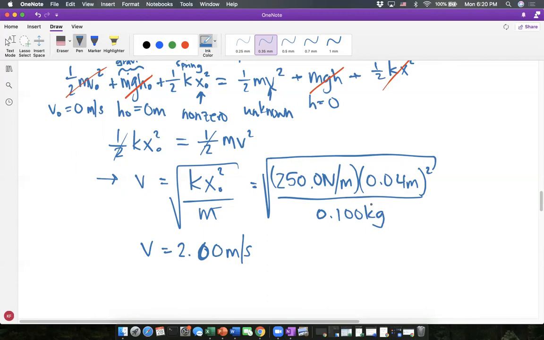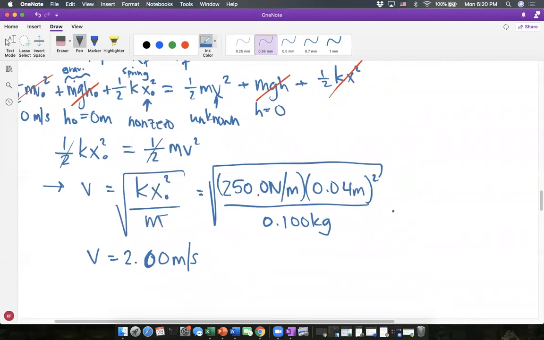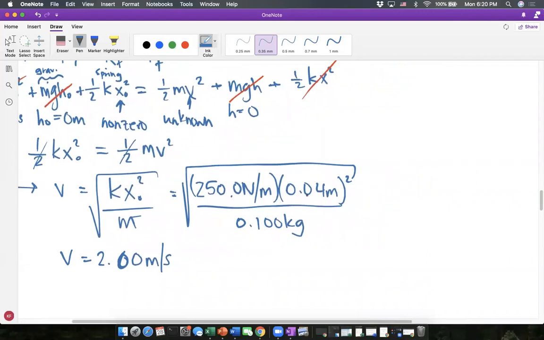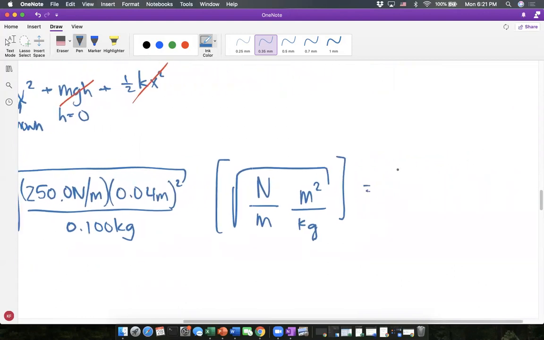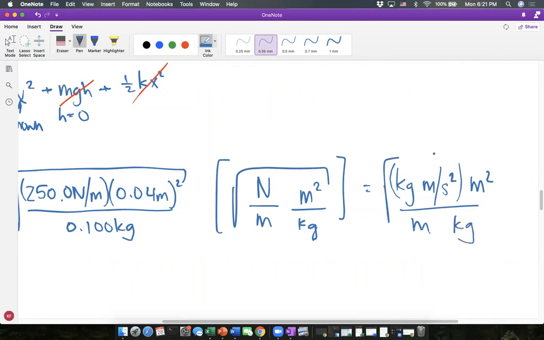Okay, so we can double check them by saying we have a Newton over meter, and then a meters squared over kilograms. This whole thing is square rooted, so just looking at the units again. That is going to be kilograms meters per second squared, okay, and then meters squared over meters kilograms, again all in the square root.